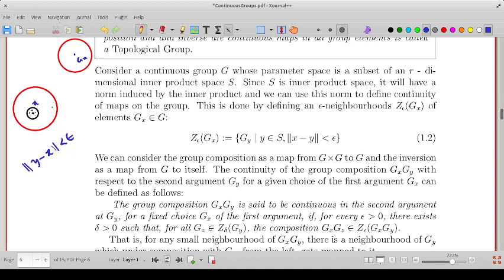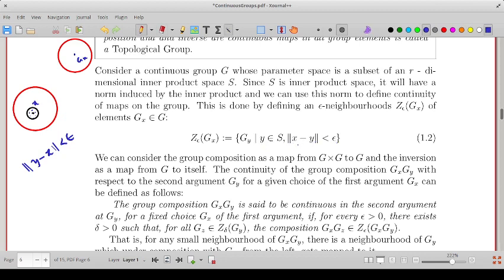So in the parameter space we consider a point x, which is mapped to the group element gx. Now we consider the set of elements in the parameter space which are within a distance of epsilon of x, which may be denoted by the condition that the norm or the distance of a point y from x is less than epsilon. So you consider all such points y in the parameter space at lesser distance than epsilon from x.